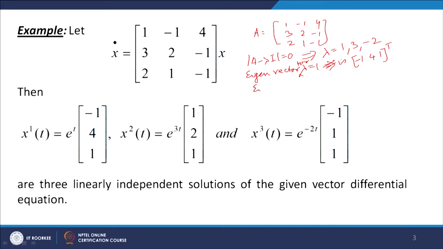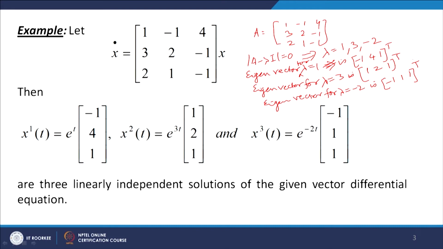Similarly, the eigenvector for lambda equal to 3 will come out to be (1, 2, 1) transpose, and the eigenvector for lambda equal to -2 is (-1, 1, 1) transpose.